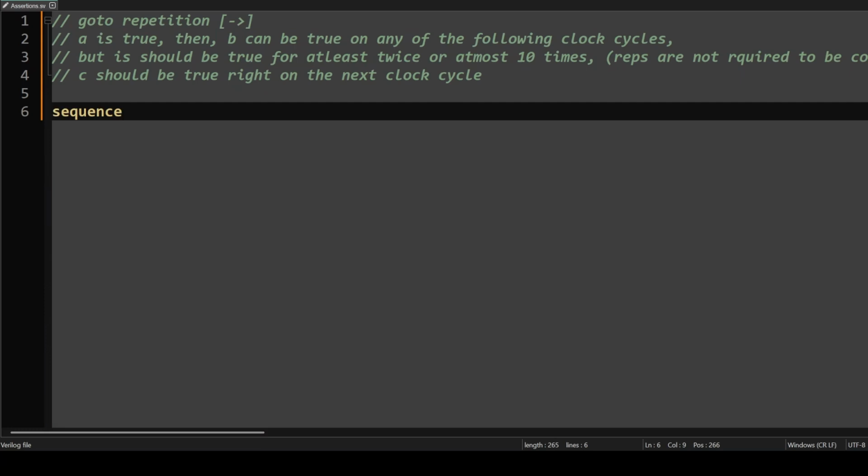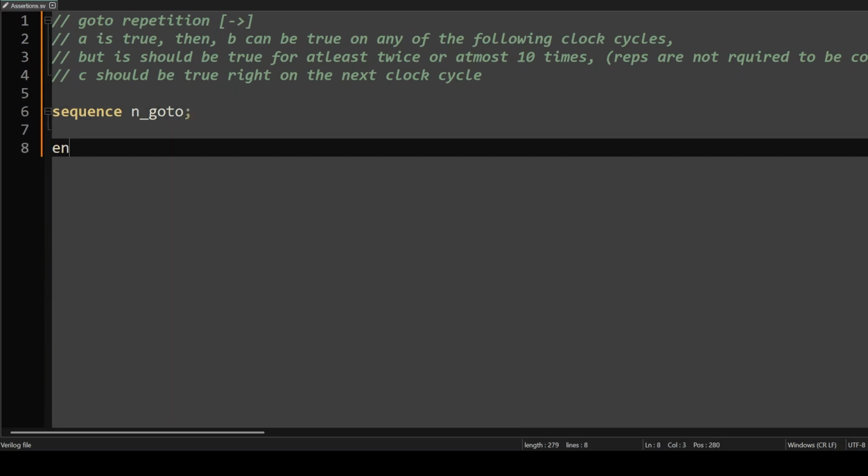I will name this sequence as sequence n, where n indicates not go to, and I will begin with my sequence.